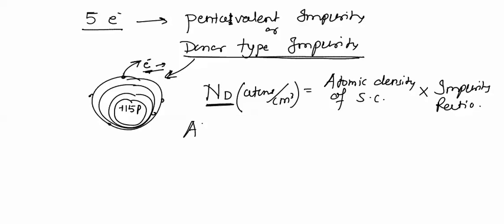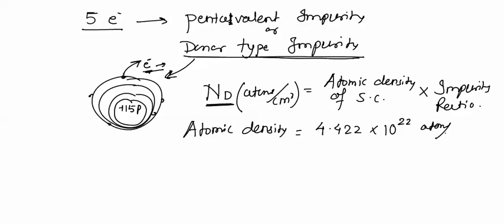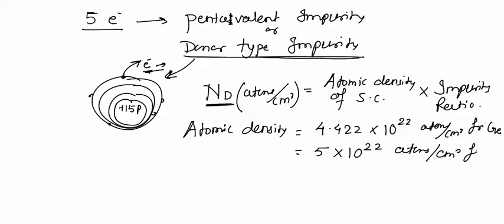The atomic density is equal to 4.422 into 10 raised to power 22 atoms per centimeter cube for germanium, and 5 into 10 raised to power 22 atoms per centimeter cube for silicon.